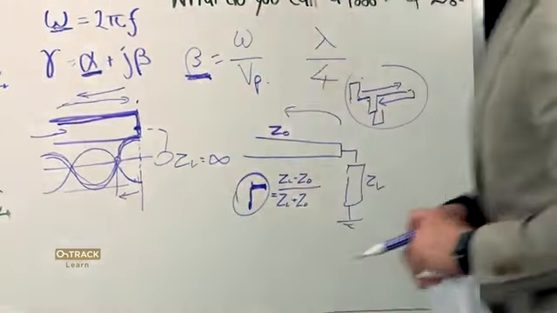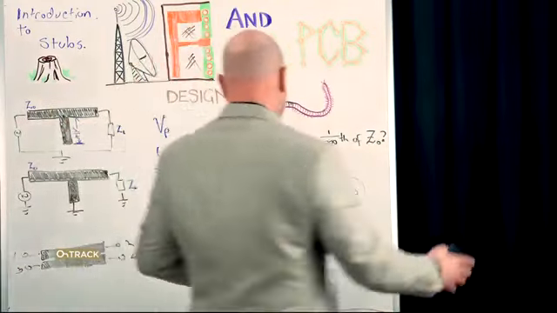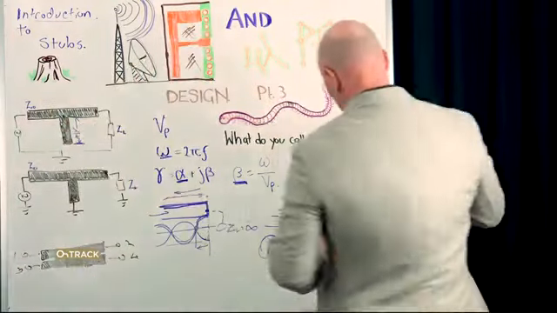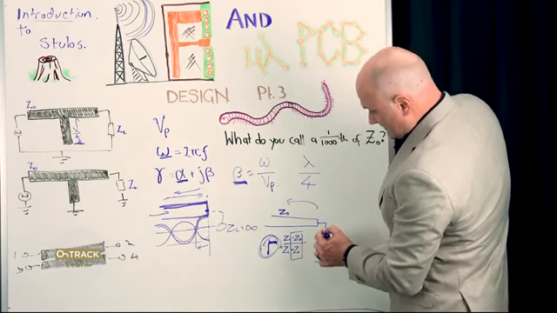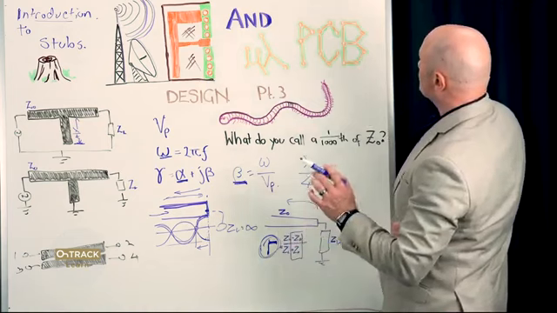Okay, so let's grab the eraser real quick. Got to make some room. So what happens in the case where ZL is an open circuit? Well, this is infinity. An open circuit is infinite impedance, so we can't really do the math on that because you can't divide by infinity, but this essentially approaches 0, sorry, my mistake.